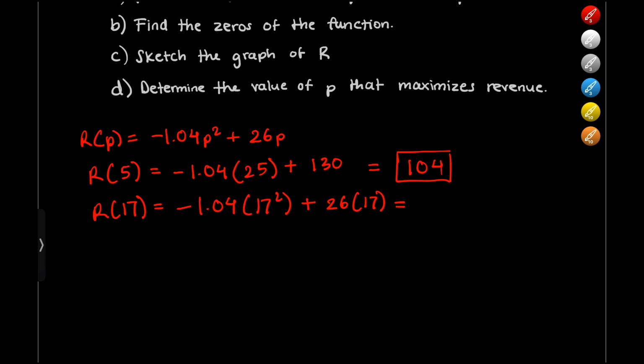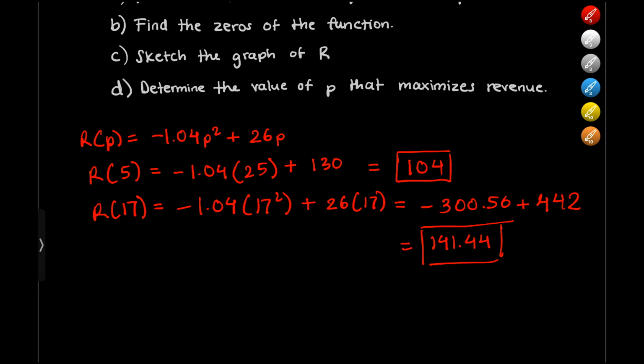And so that's equal to negative 300.56 plus 442. And then if you add those together, you get 141.44.